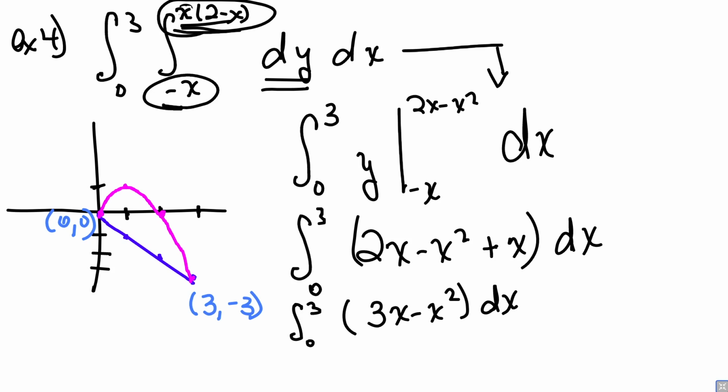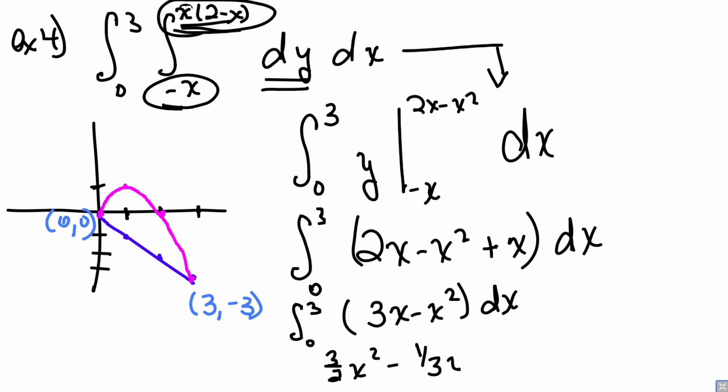So if we take the antiderivative of this, what are we going to end up with? Three squared over 2. 3/2 x squared minus x cubed over 3.